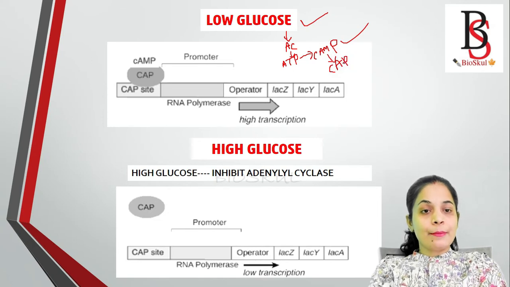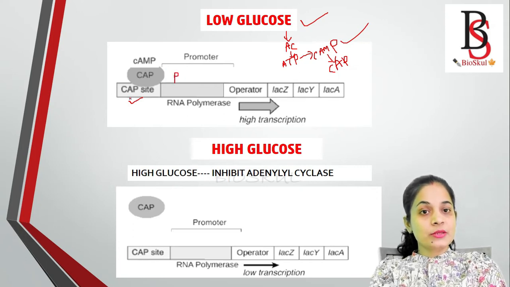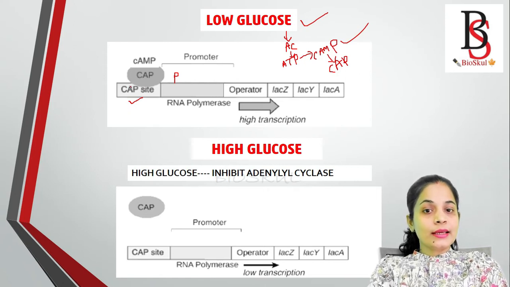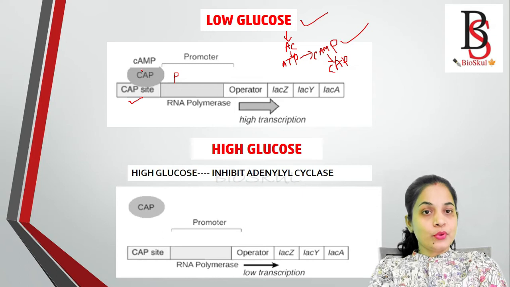When the CAP protein binds with the cyclic AMP, together they bind to a site known as the catabolite activator protein site or CAP site, that is present just upstream to the promoter region, right? CAP protein cannot bind to the CAP site in absence of cyclic AMP.